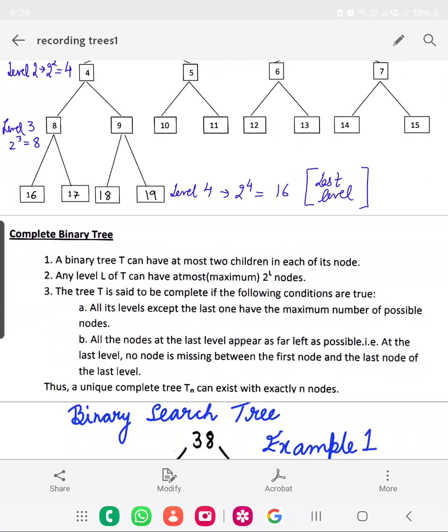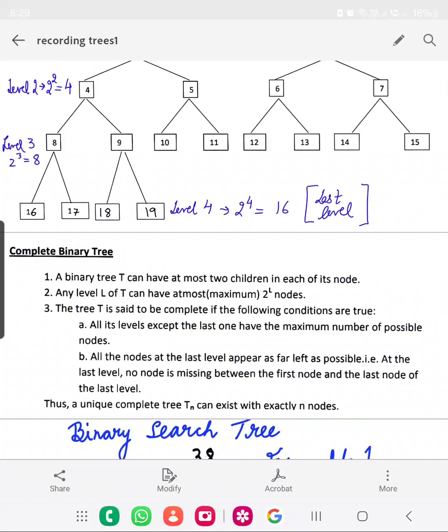So we can revise it as follows. A binary tree that can have at most 2 children in each of its nodes. Any level L of T can have at most 2 raised to power L nodes. The tree is said to be complete if the following conditions are true. All its levels except the last one have the maximum number of possible nodes.